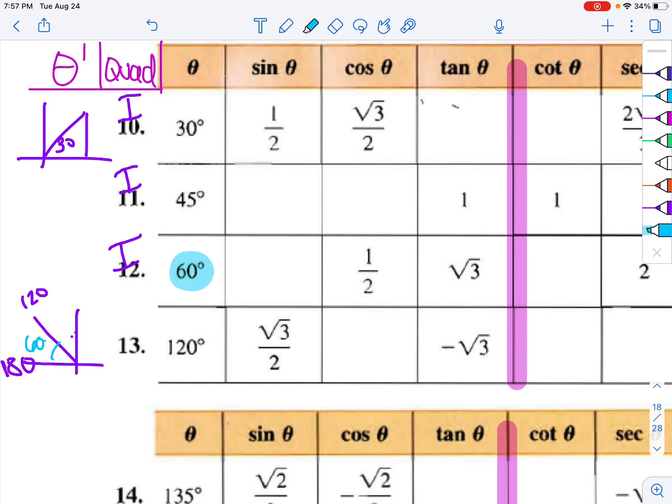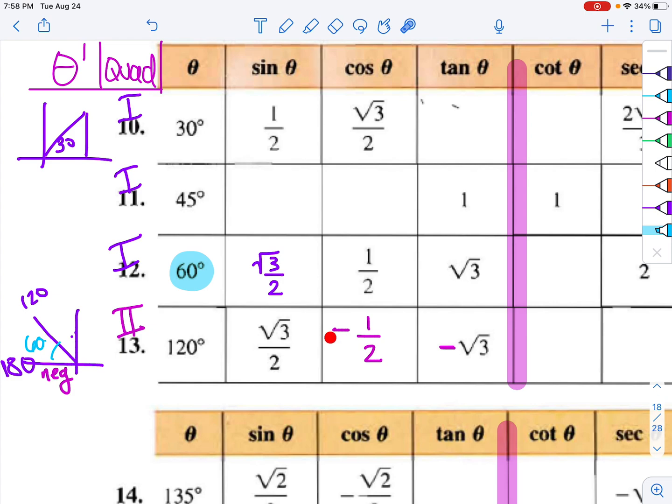The only thing you'll need to change is to tell me which values are negative. In the second quadrant, cosine is negative and tangent is negative. So you're going to see the values are going to repeat. Since the reference angle is 60 degrees, we're going to use the same 60-degree values. We can even fill this one in. It's going to be root 3 over 2.